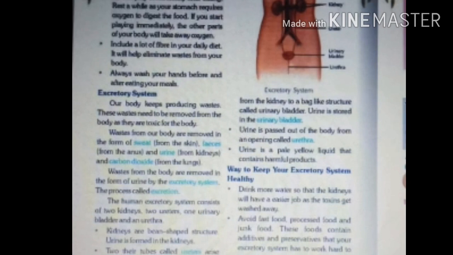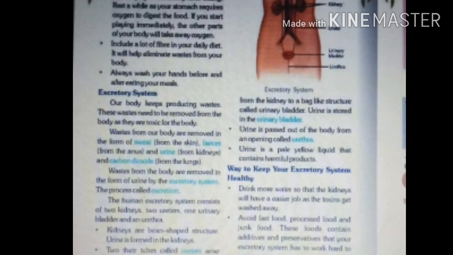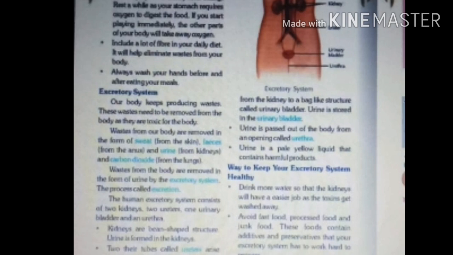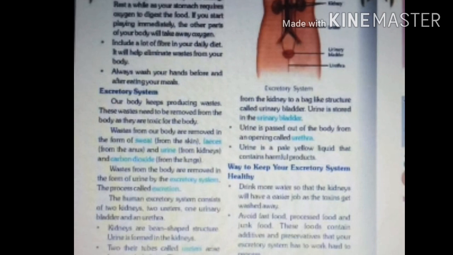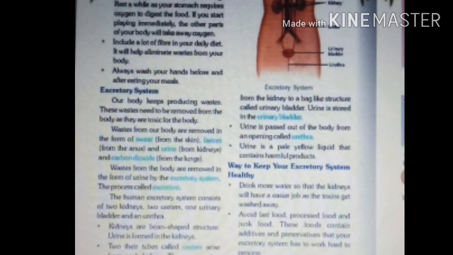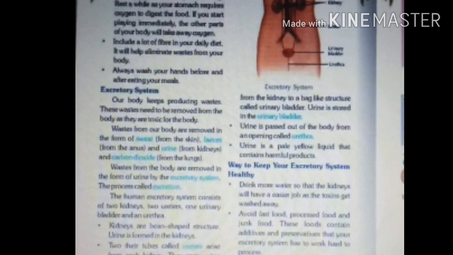They carry urine from the kidney to a bag-like structure called the urinary bladder, and in this urinary bladder, urine is stored, and urine passes out of the body from an opening called urethra. Urine is a pale yellow liquid that contains harmful products. So this is all about the excretory system.